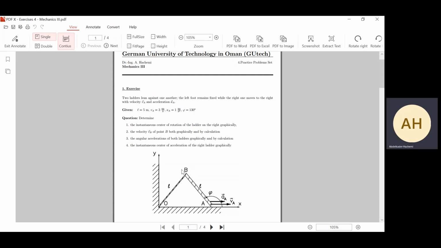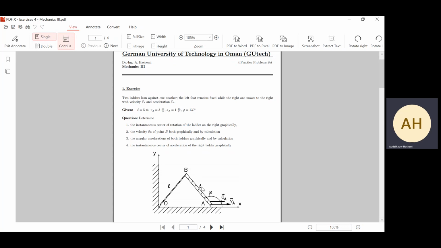The left foot here, OB, remains fixed here in O, while the right one moves to the right with the velocity VA and the acceleration AA. Then you have the point O, it's fixed for the left foot, and you have the right foot, the point A, which is moving horizontally along X direction.